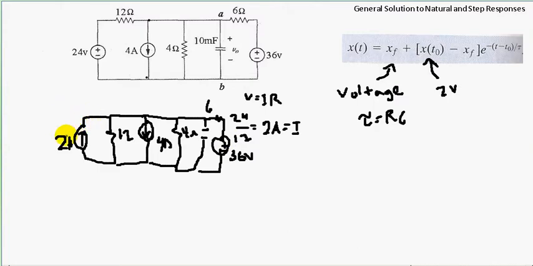See, we have this 2 amp current source going up this way, and we have this 4 amp current source going down.